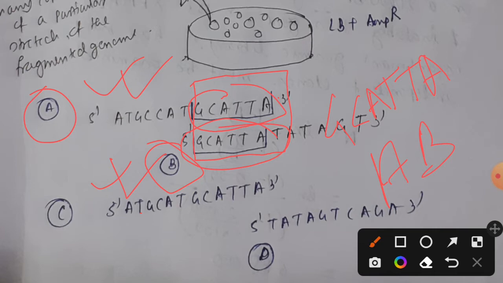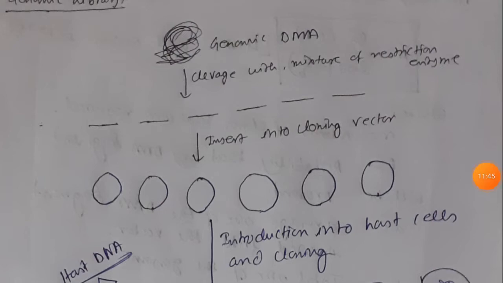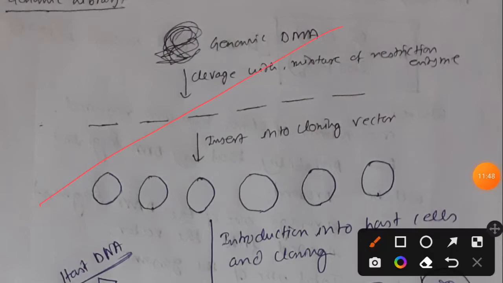That is the utility of generating overlapping fragments. That means whenever you require the entire genome, you can easily get it.